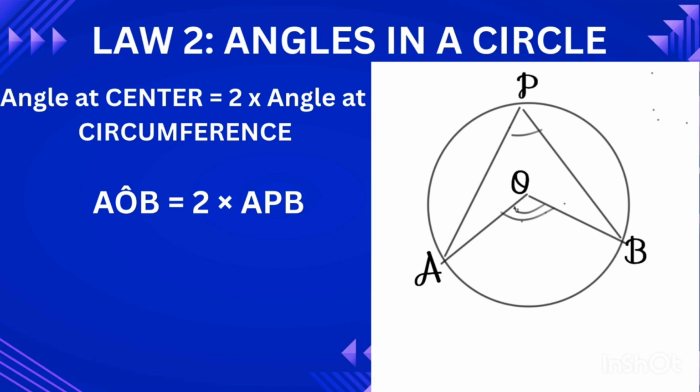So angle AOB at the center is 80 degrees. Then angle at circumference is 40 degrees. Hope you understand. So twice angle P will be angle O. So let's proceed to the next slide, which will give us our law 3.